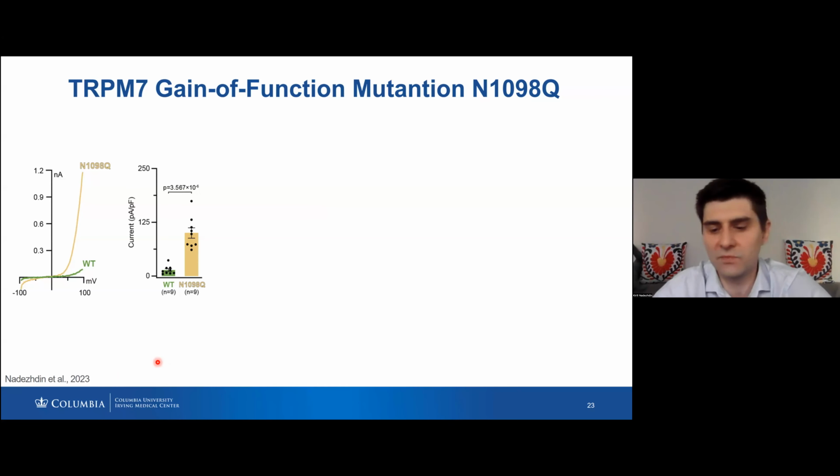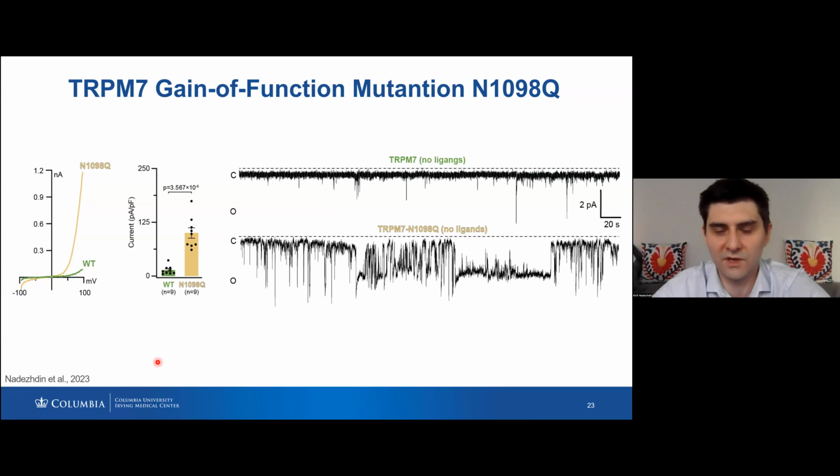But does it happen for our construct? Actually, it does. So this is single channel recordings from the purified channel that we used in Cryo-EM and reconstituted into planar artificial membranes. So this is single channel. So just one channel is inserted, and you can see the current through just one particular channel.